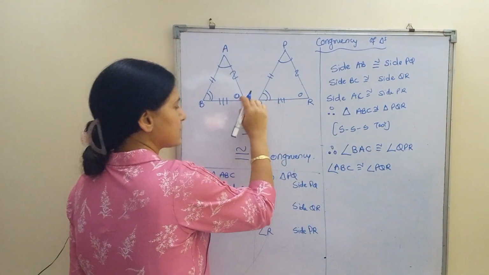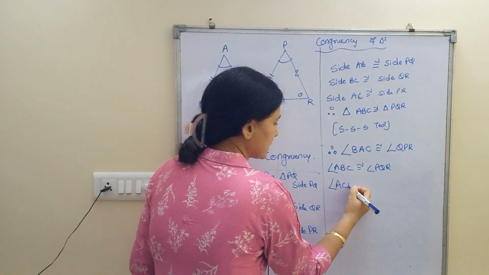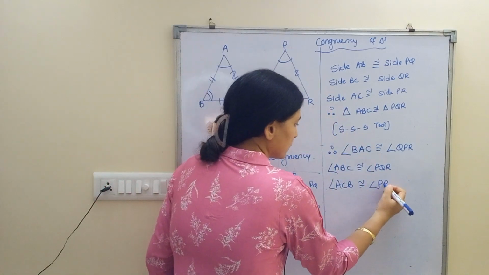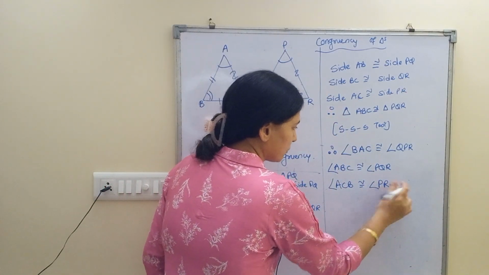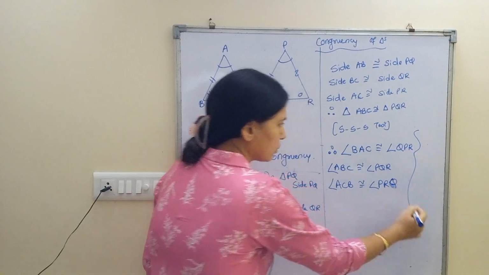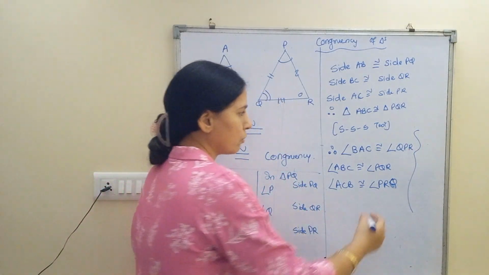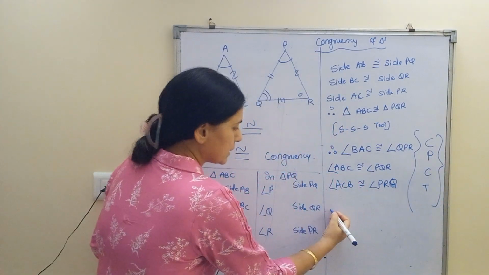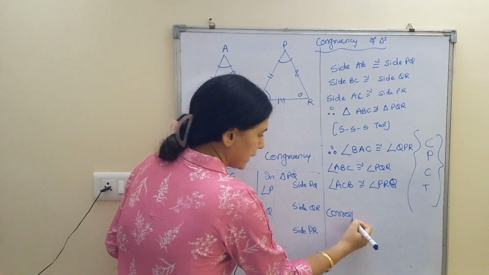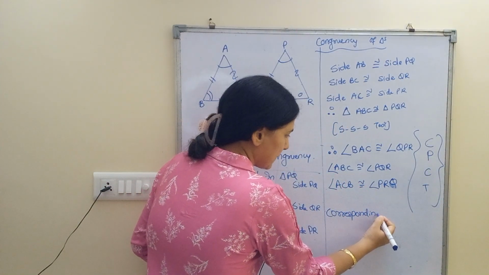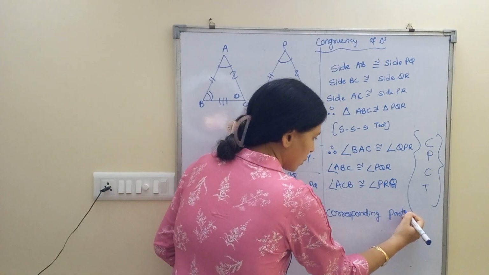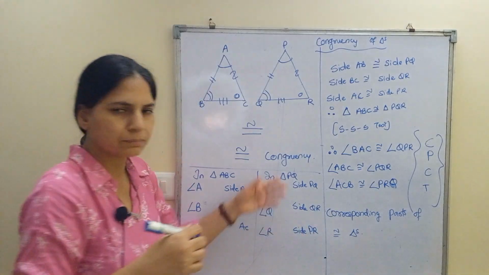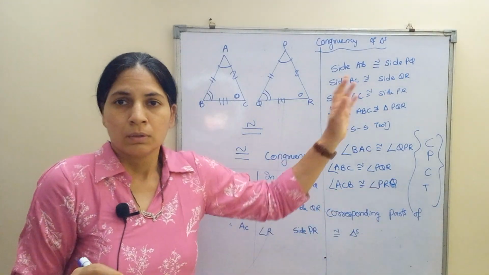And instead of angle C, I will write angle ACB congruent to angle PRQ. And we have one common reason for this. We call it CPCT. What is CPCT? Corresponding parts of congruent triangles.